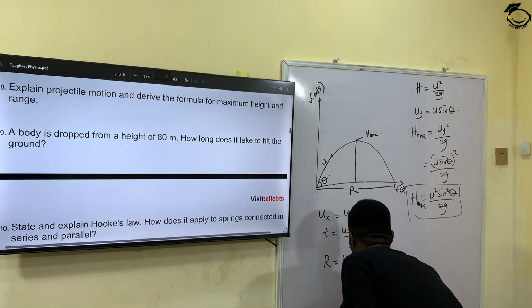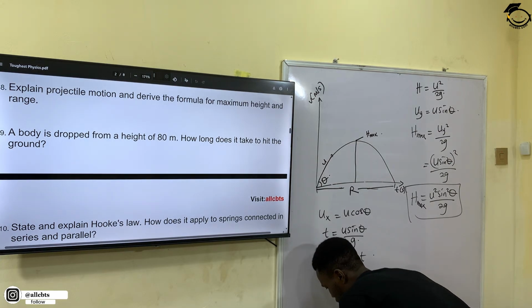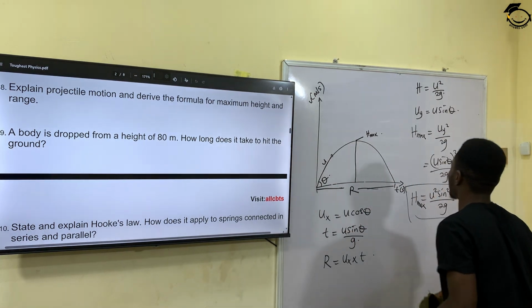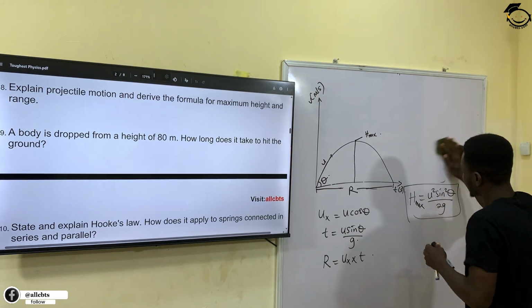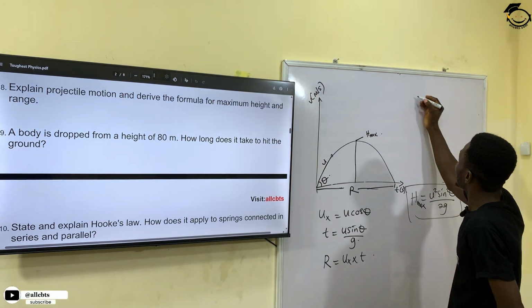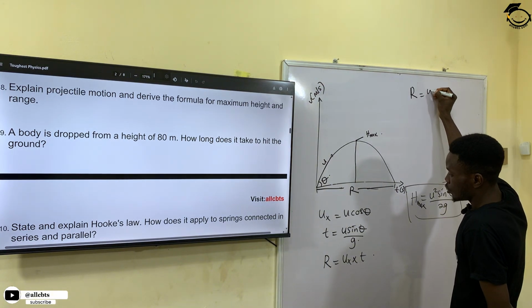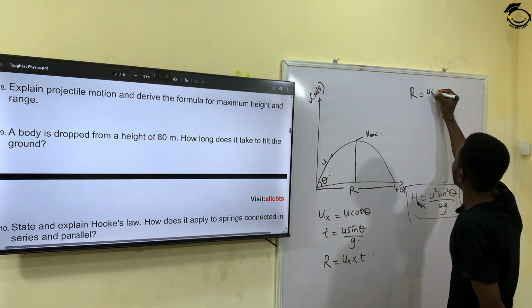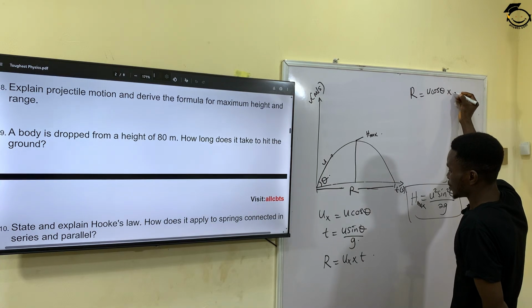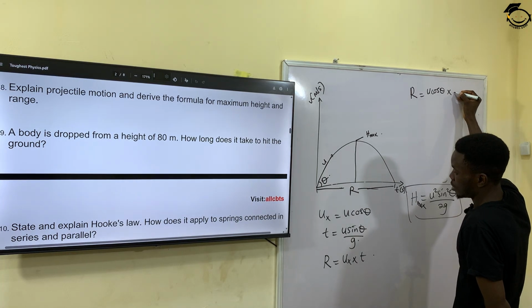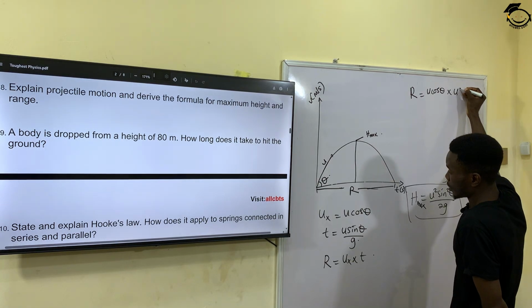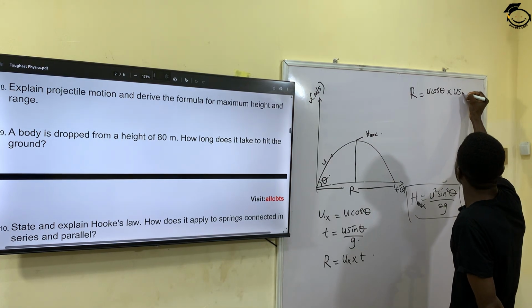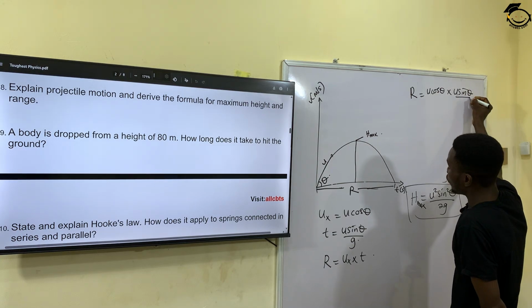ux times time taken. So if that is the case, my range therefore is going to give me u cos theta times u sine theta over g.